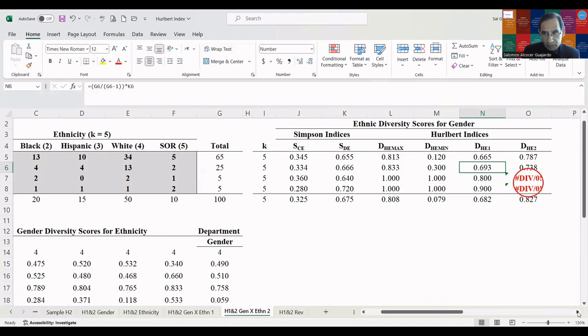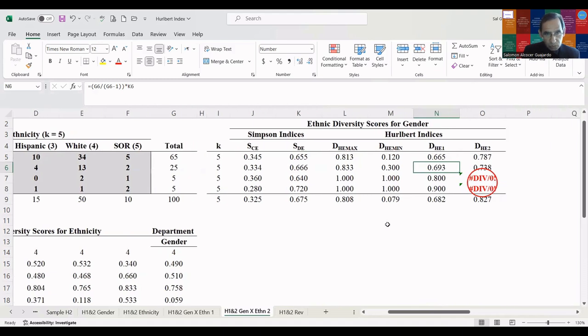Again, if I want to get the Simpson standardized score, I get 5 minus 1 divided by 5, and I divide that into the Simpson score of 0.655, and that gives me the percentage of the level of diversity that was obtained given the total possible value of diversity.